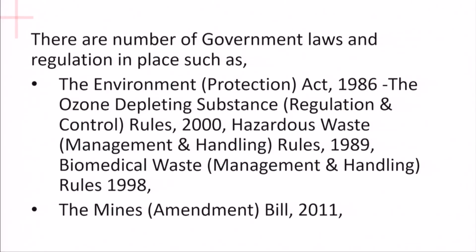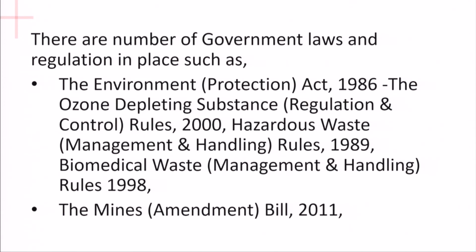There are a number of government laws and regulations which have been put in place to ensure all the developmental activities are functioning and doing their business adhering to the laws and the acts presented by the government.